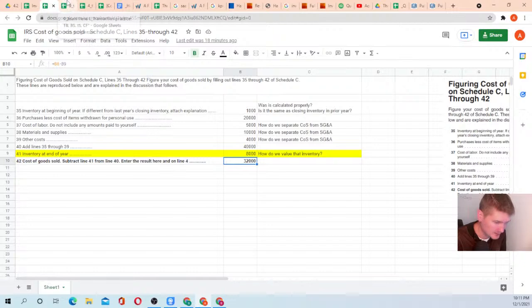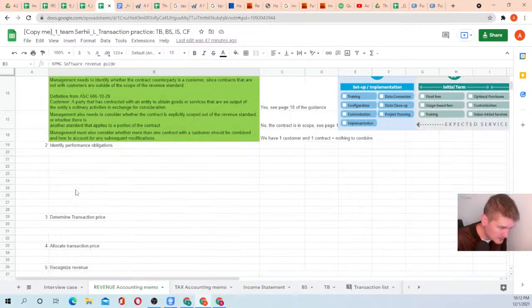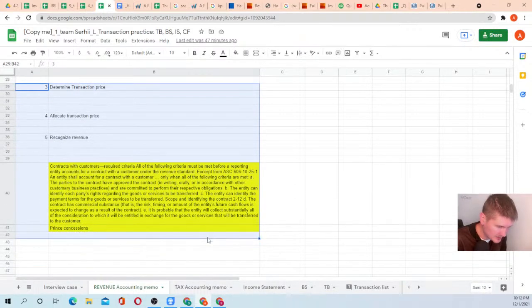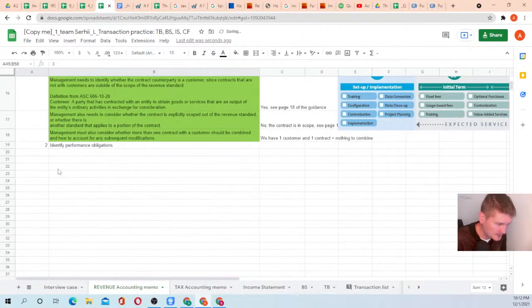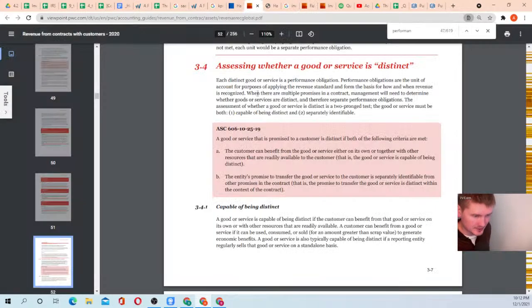Let's work in our memo at the same time. Revenue accounting memo. Okay, performance obligations. So here I have 5 steps. So where do I start? Let's start with the definitions.